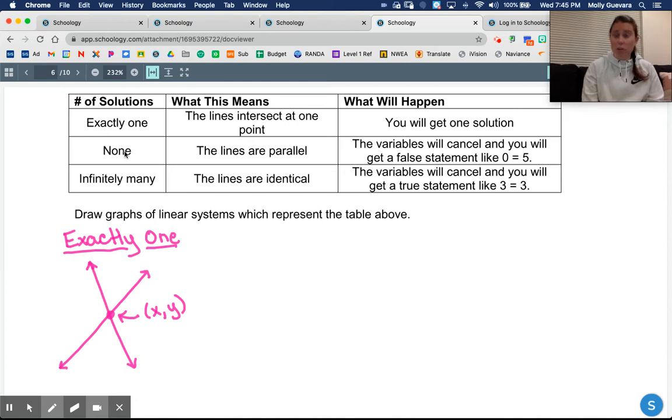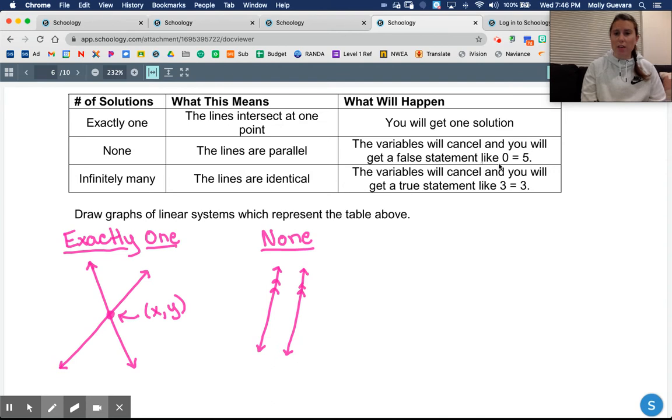If there are no solutions, the solution is where they cross. If there's no solution, they don't cross. So that means that they're parallel. So if there's none, you get parallel lines like so. And then you'll get something weird like what we got, 0 equals 7, right?